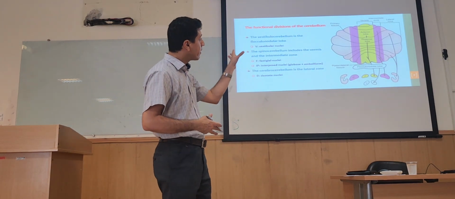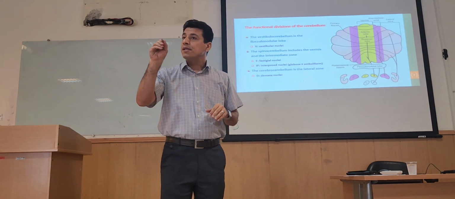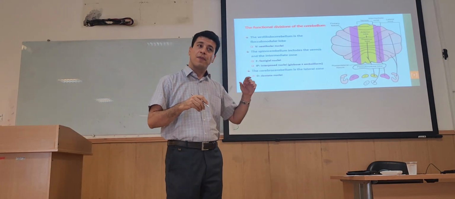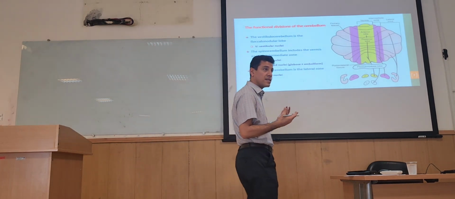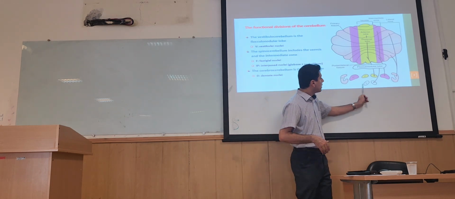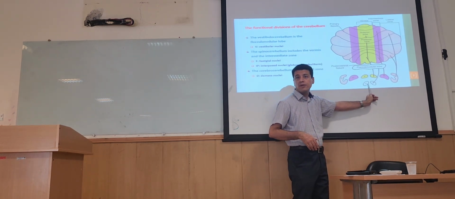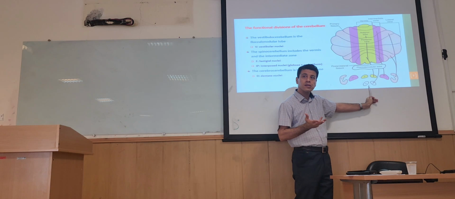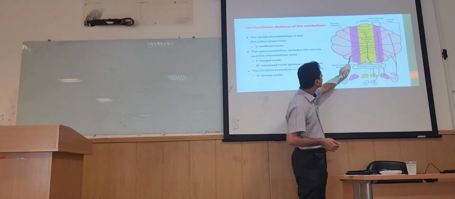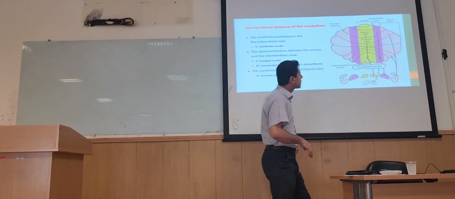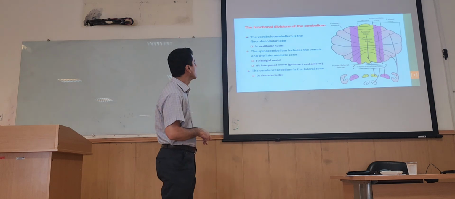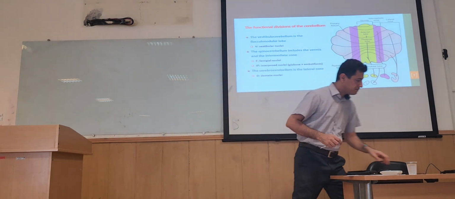Okay? All other areas have their specific nucleus inside the cerebellum, but this part doesn't have a nucleus inside. The nucleus is the vestibular nucleus located in the medulla and pons. So these parts are connected with different nuclei.